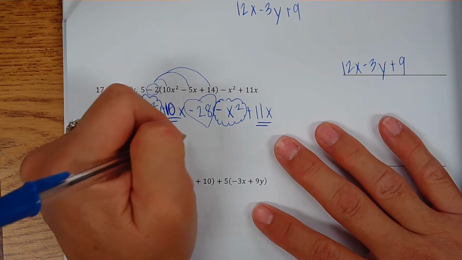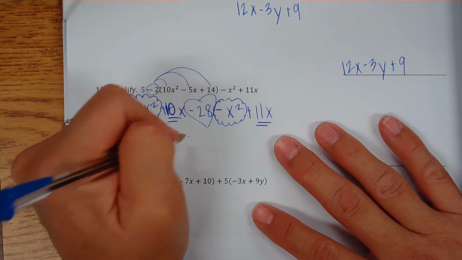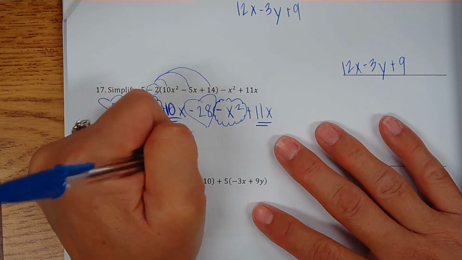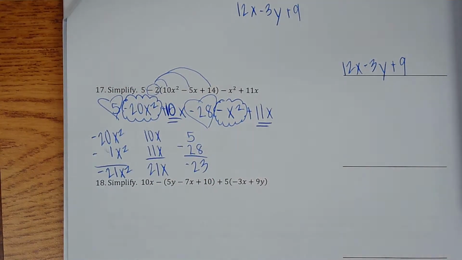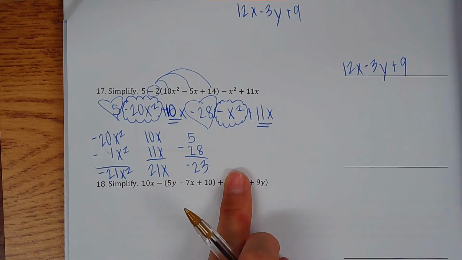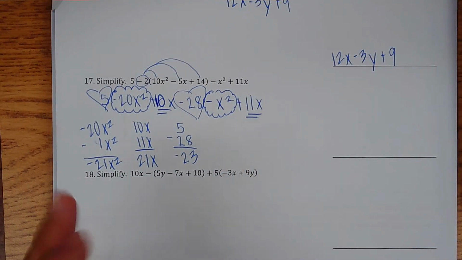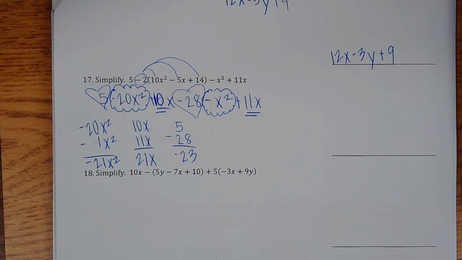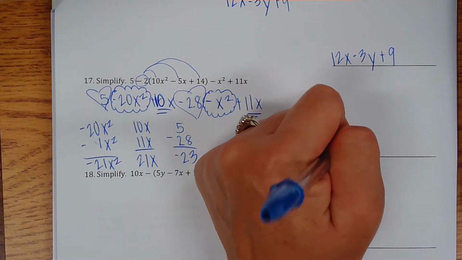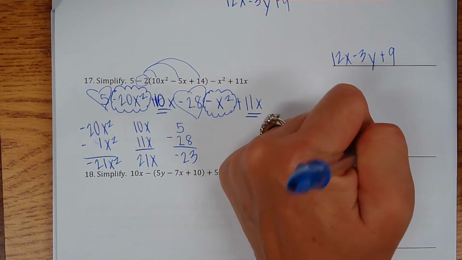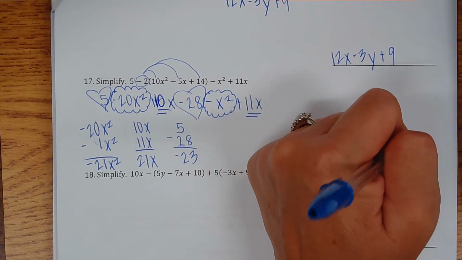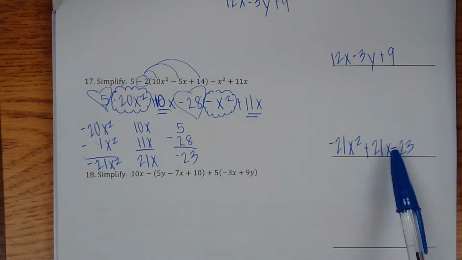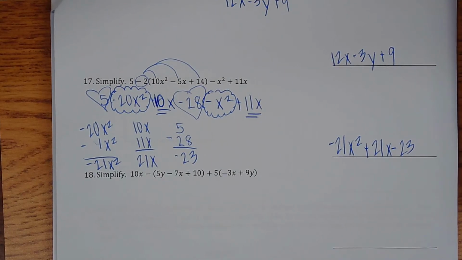So I would do 5 minus 28, which would give me negative 23. I'd write it in standard order if I can. So I always start with the highest exponent, negative 21x squared plus 21x minus 23. The constants will always be last.